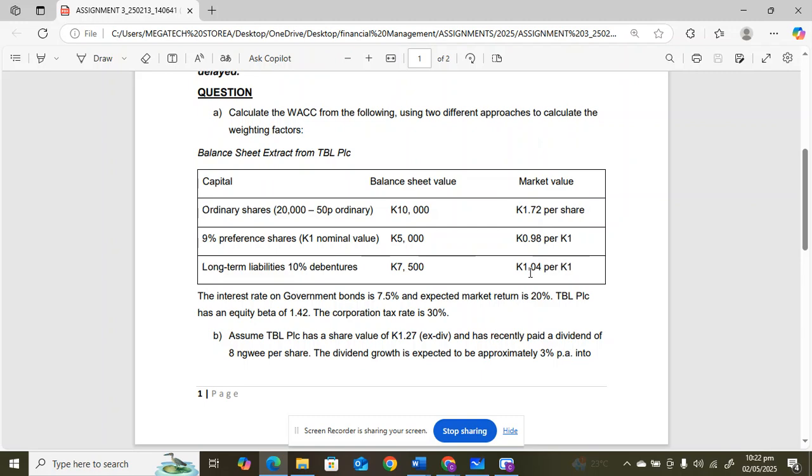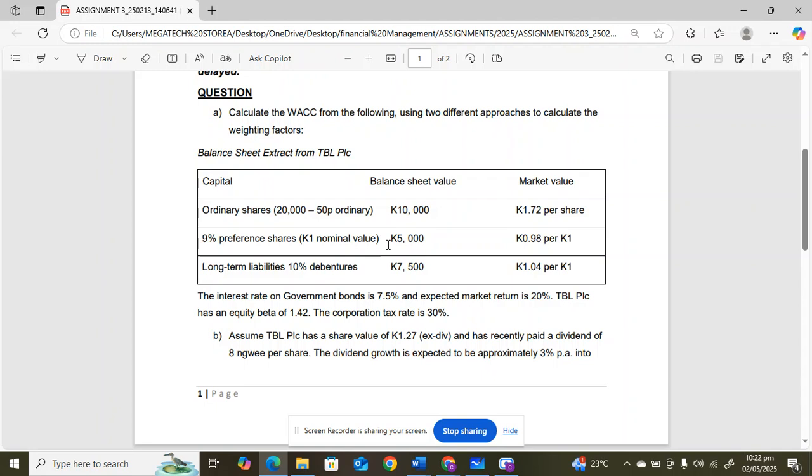Now, this debt and also preference shares sometimes can have a maturity date. Other times they can be in perpetuity, meaning they do not mature. You just keep getting interest payments or your dividends indefinitely.